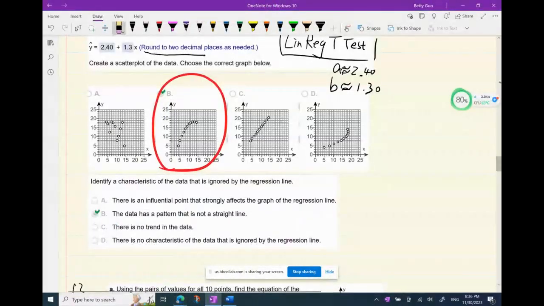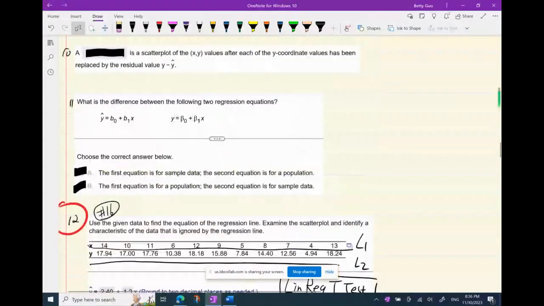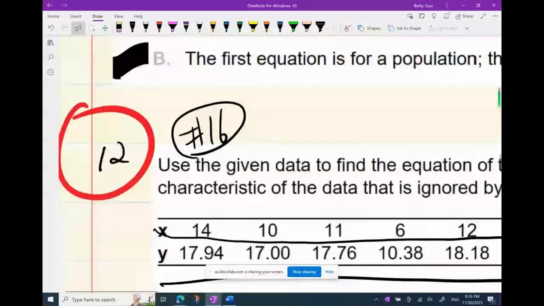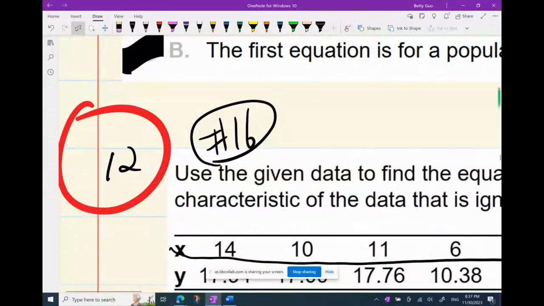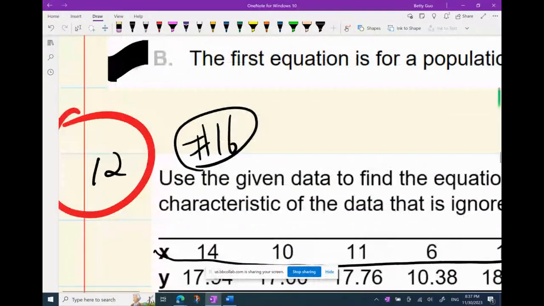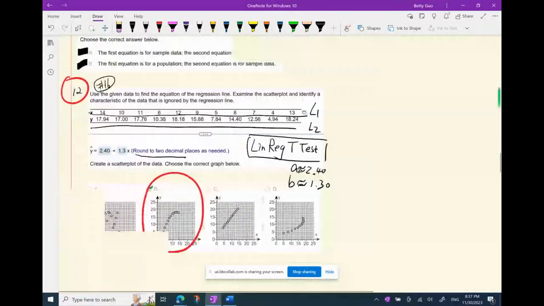Yeah. More like a parabola, left side of the parabola. Yeah, the data has a pattern that is not a straight line. Very good. So this question would be very similar to question number 16 on the test. All right. Now let's go to 15.